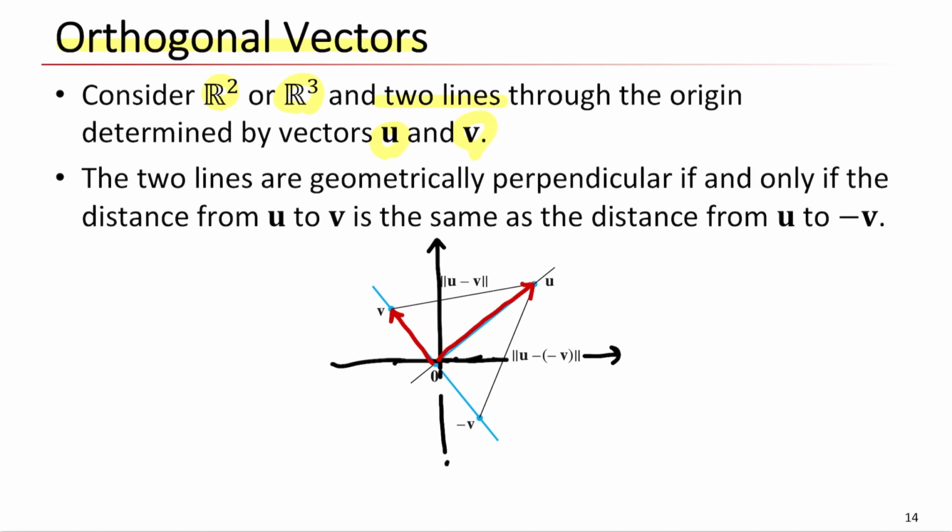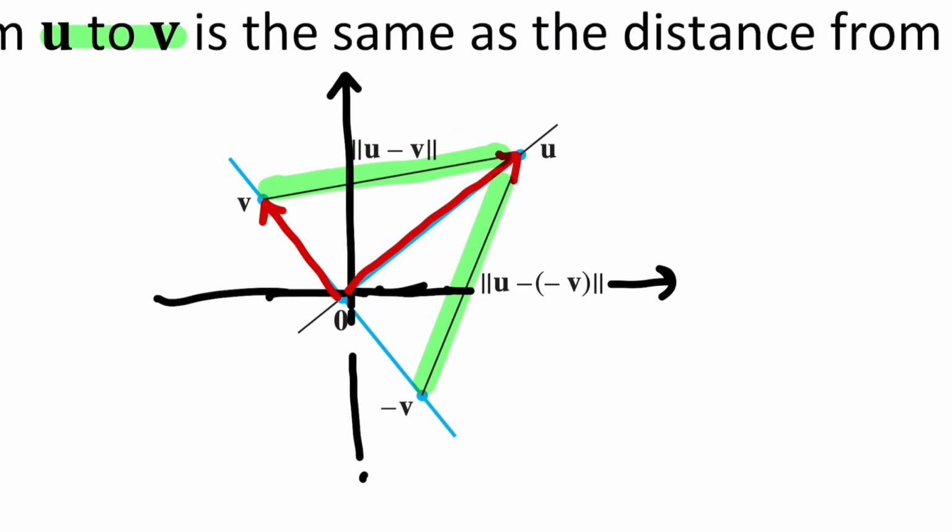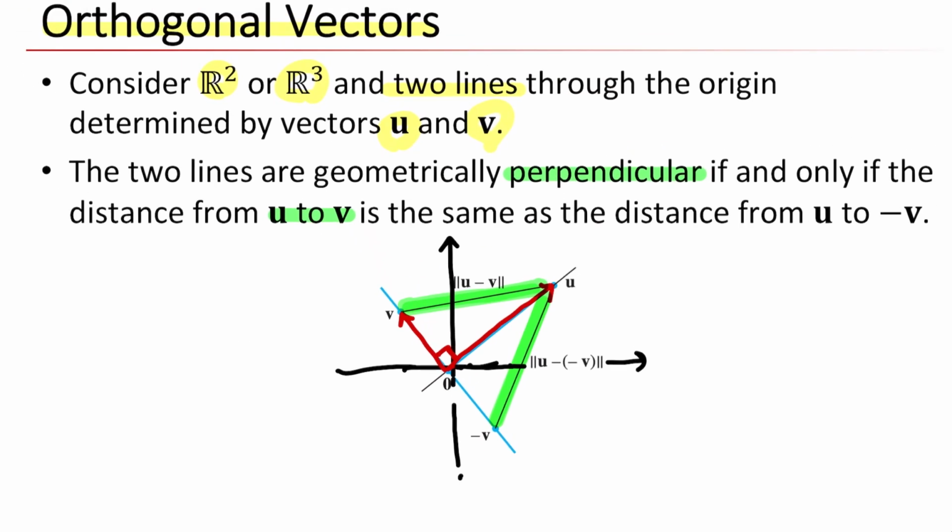Then in this case, these two lines are geometrically perpendicular if and only if the distance from u to v is the same as the distance from u to negative v. So as you can see here, if the lengths of this one and this one are the same, then we can say that these two lines or these two vectors are perpendicular.